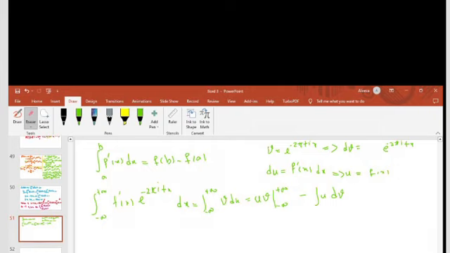It's very trivial because the derivative of this is equal to minus 2 pi it multiplied by these functions.